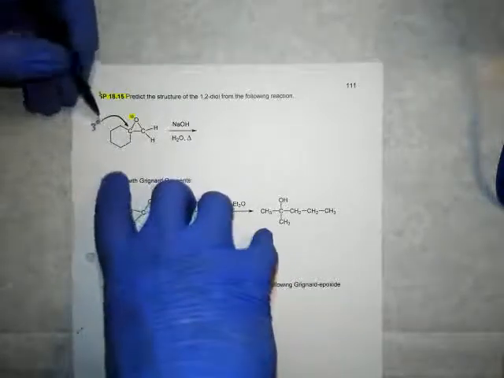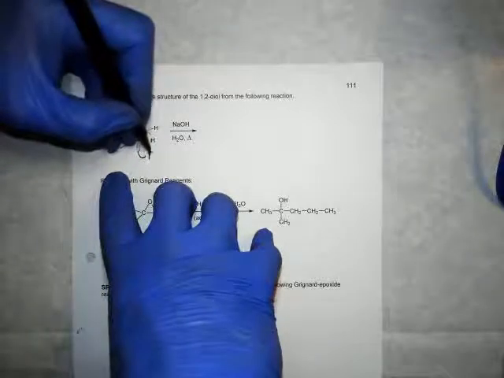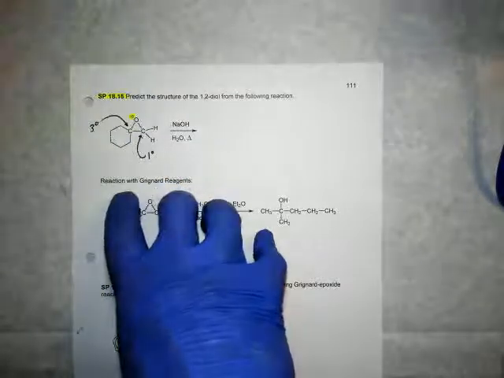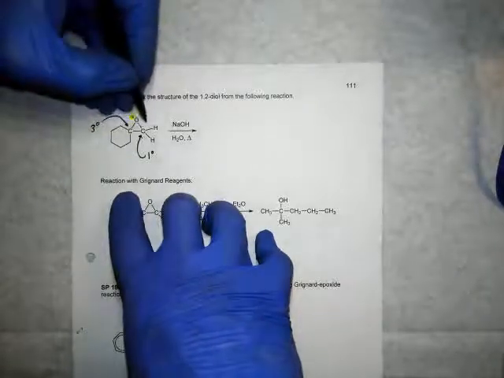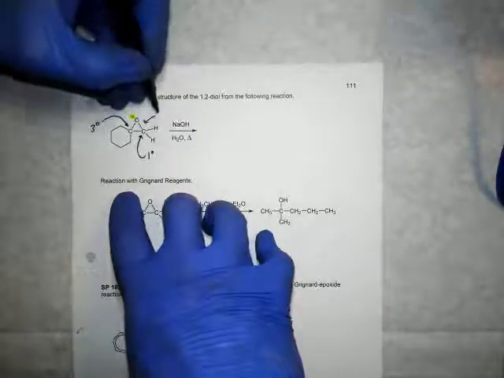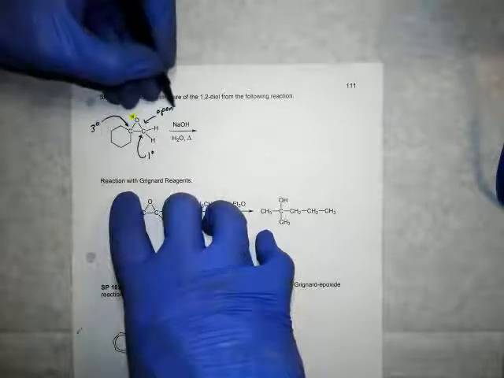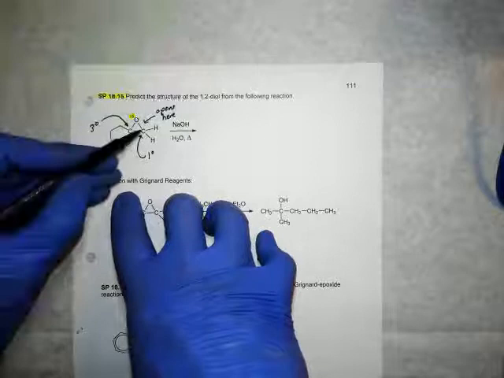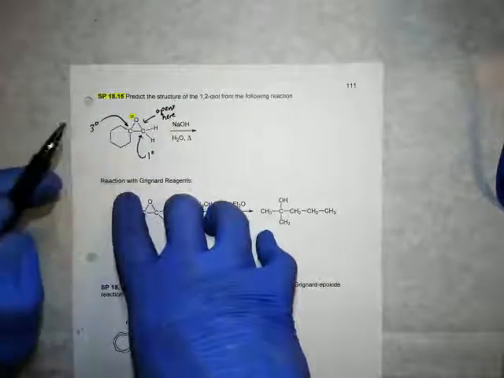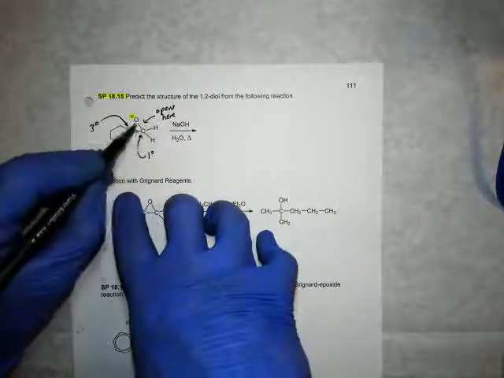That's a tertiary carbon. And what's the order of that carbon? That is a primary carbon of the epoxide. Where is it going to open? It's going to open here, right? That bond's going to break, because the nucleophile, in this case hydroxide, is going to attack here.